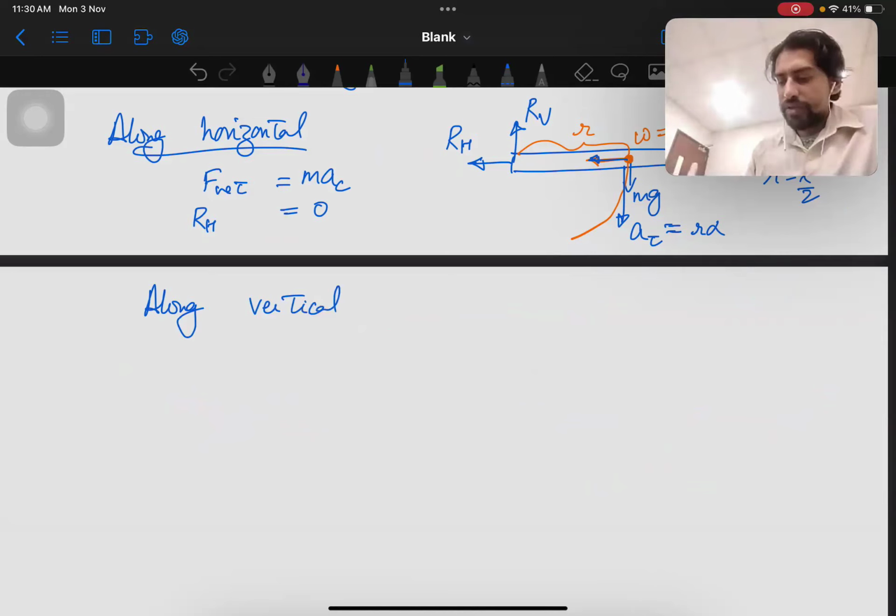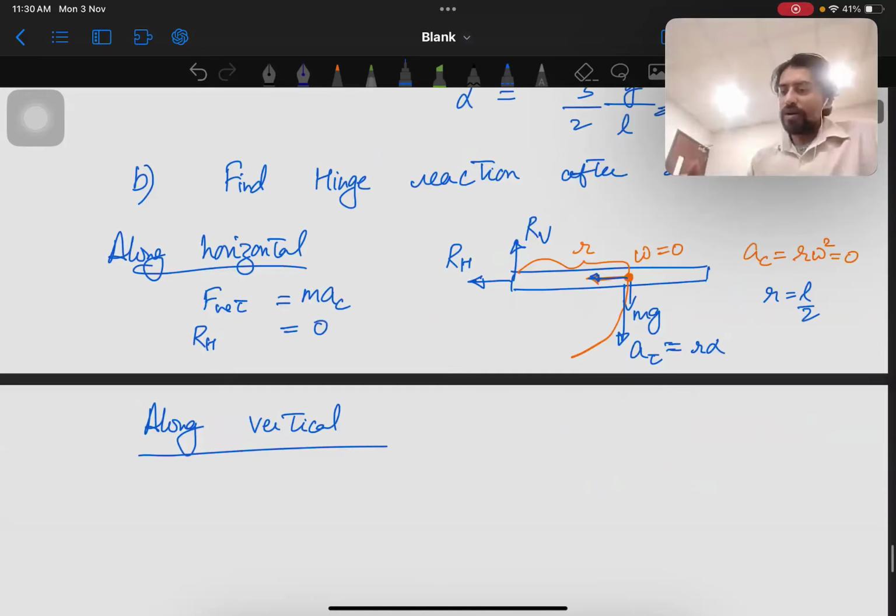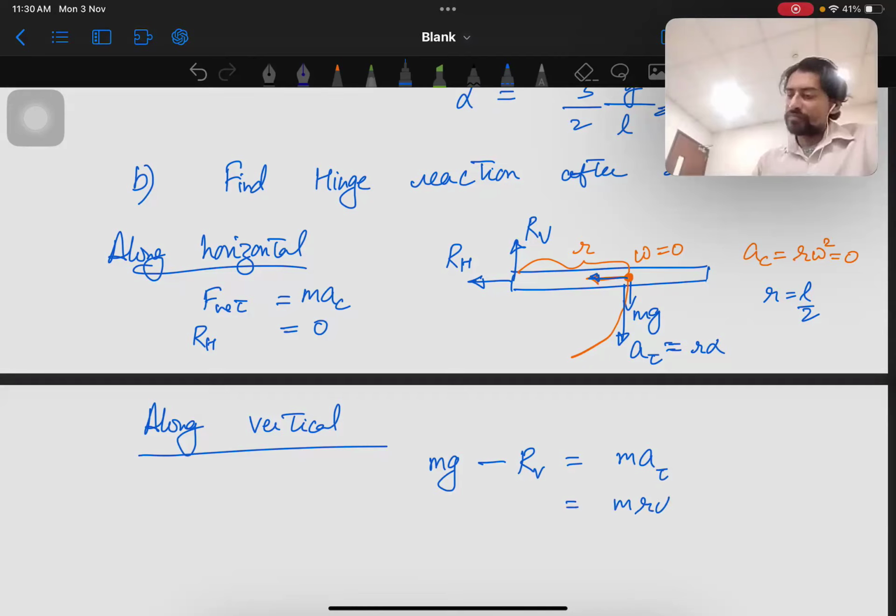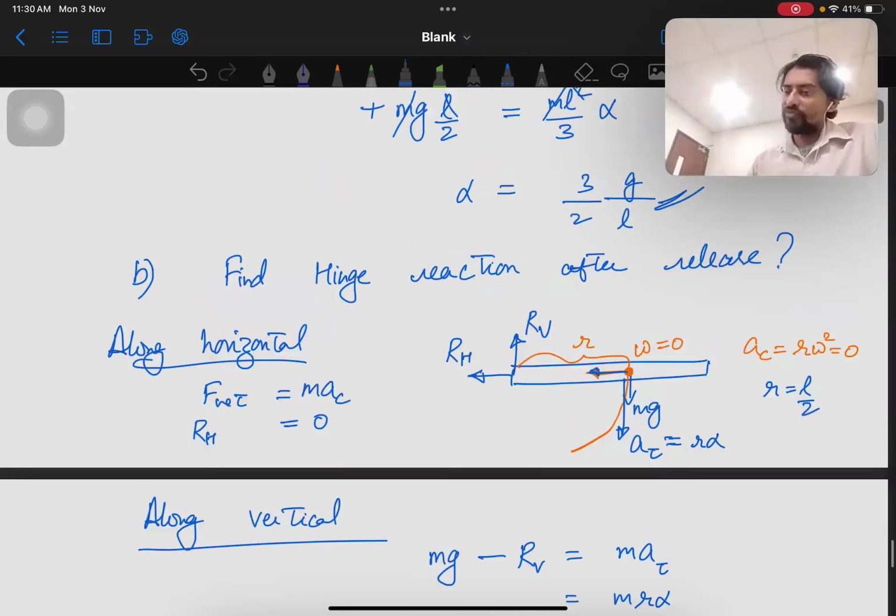Along the vertical direction, what is the net force? F net equal to MA, which means let's take the downward direction as positive because A is downward. The AT value, the R alpha value. So mg minus RV is M into AT, M into R alpha, M into L by 2 alpha that you found out just now.